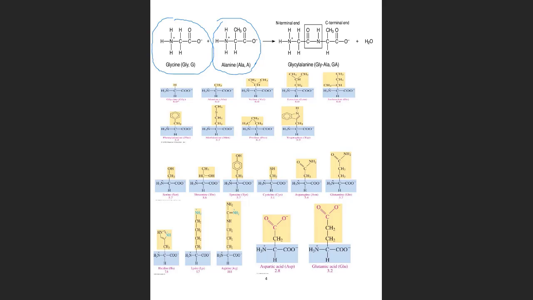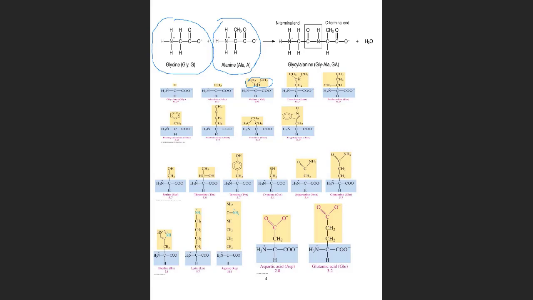And here you can see that there are only 20 amino acids, and they are all listed here. The difference between the amino acids is just the side chain.